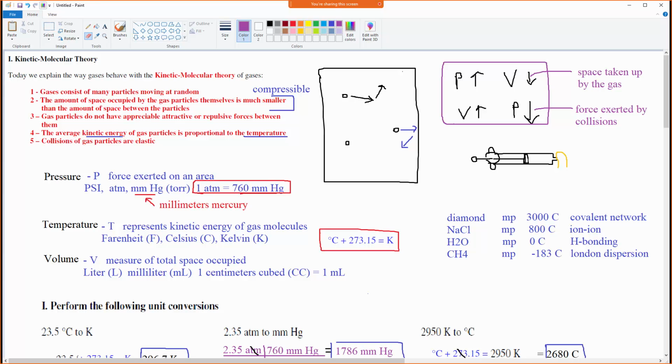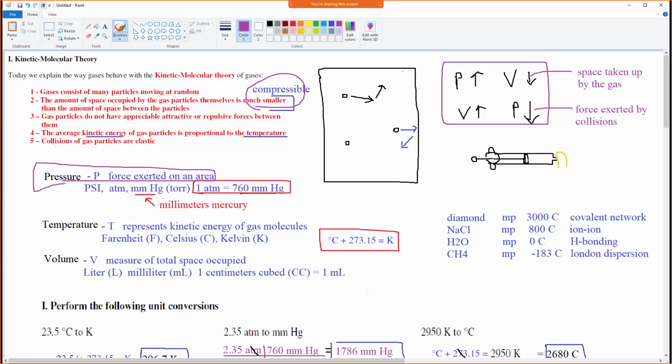Okay, it's not a matter of number 2 explaining this, or number 3, or number 4. It's a matter of saying kind of a combination. We know that gases are compressible. That's how you can change the volume, for instance, right? And it doesn't really say anything about the fact that pressure is a force exerted.